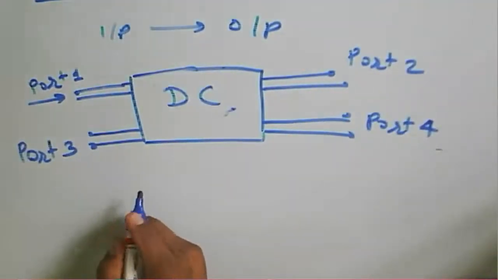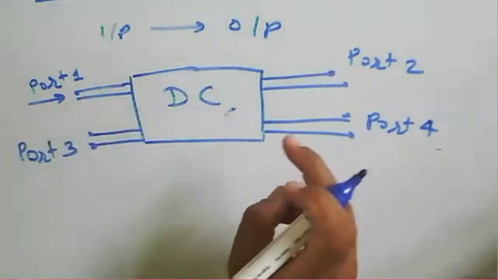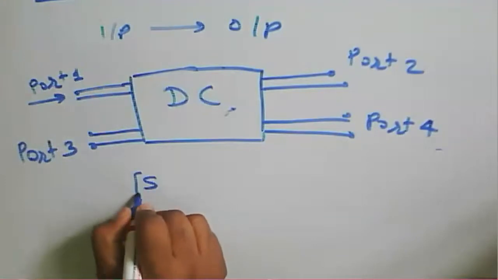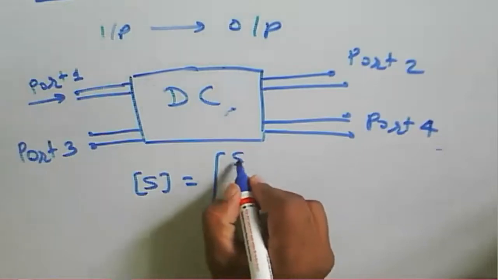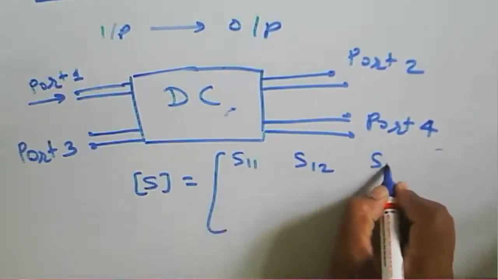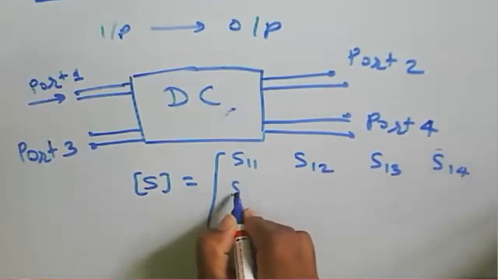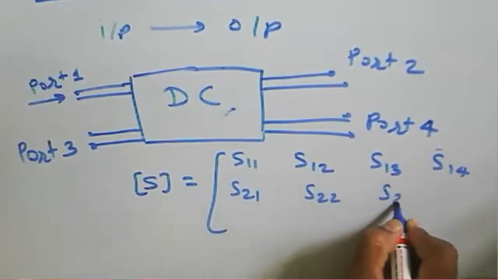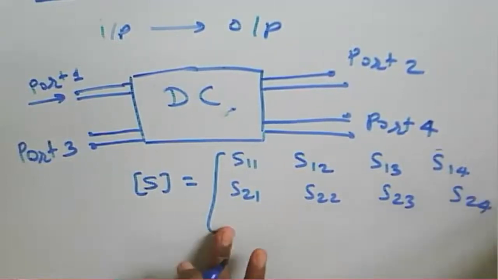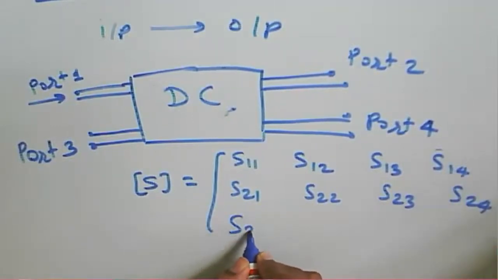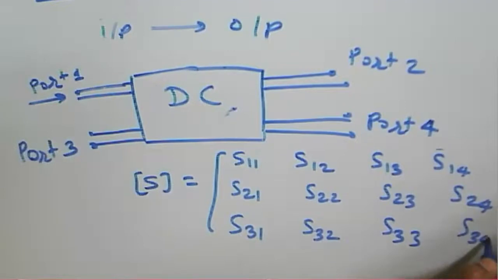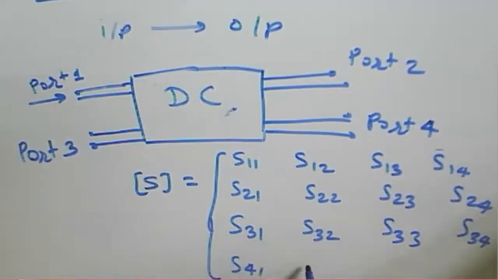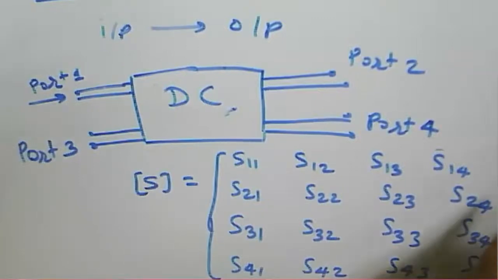or the scattering matrix. It has 4 ports, so the scattering matrix for this coupler will be of 4 by 4 order. S11, S12, S13, S14, S21, S22, S23, S24, then S31, S32, S33, S34, S41, S42, S43, S44.